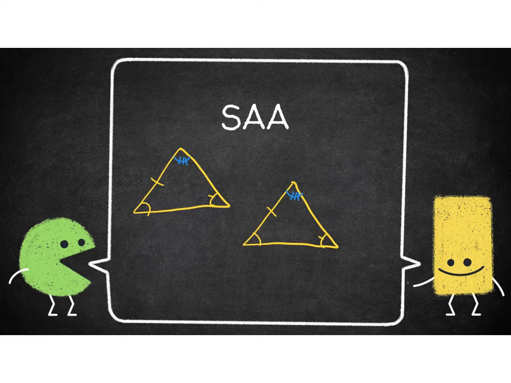We know their side lengths are going to be proportional. But to take it a step further here, because we have one side length and then two angles that are congruent, it forces the other two sides. The only way that we can use those side lengths to create another triangle is if it is a congruent triangle. So side, angle, angle is a valid argument to prove that two triangles are congruent.